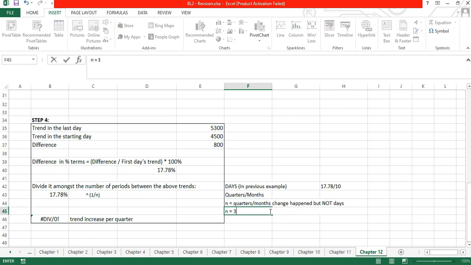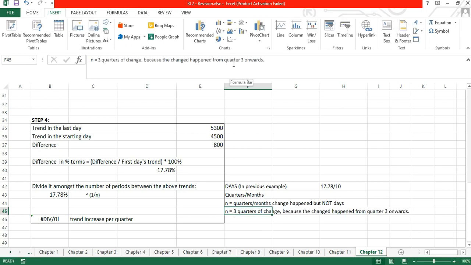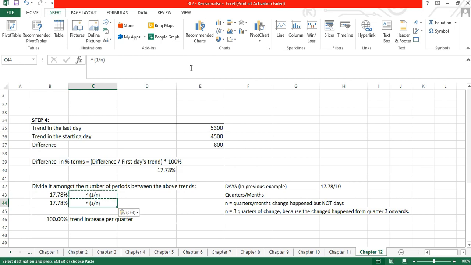N equals only 3 quarters of change, because the change happened from quarter 3 onwards. So you put this straight away to the power 1 divided by 3 and not 4. Even though there are 4 quarters, change happened only in 3 quarters.